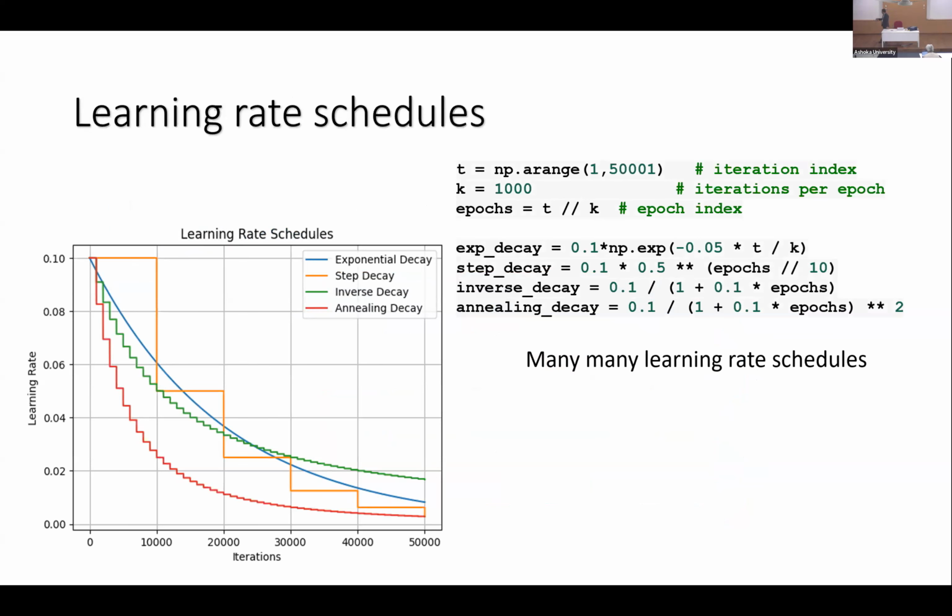Inevitably the learning rate is always decreasing, but how it decreases differs; different domains have different rules of thumb. For example, in computer vision they will say you should decrease the learning rate like this, but for something else they'll advertise some other schedule. So many learning rate schedules exist.